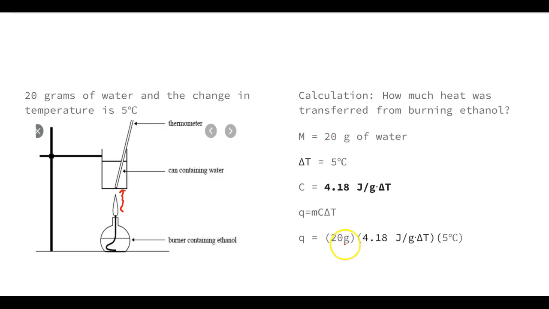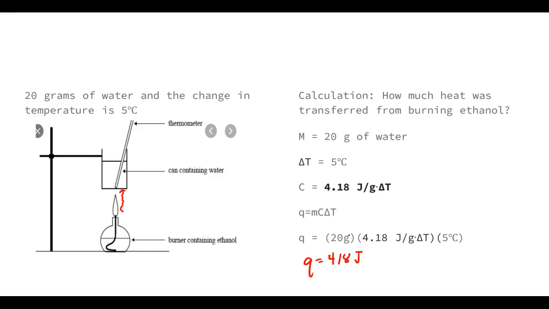I know I have 20 grams of water. Because I'm using water, I will use this as my specific heat capacity, and this time the temperature changes 5 degrees. So plugging this equation into my calculator, I'm going to calculate that it takes 418 joules of energy to increase the temperature 5 degrees.